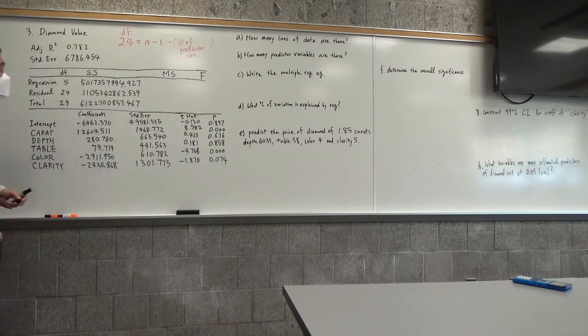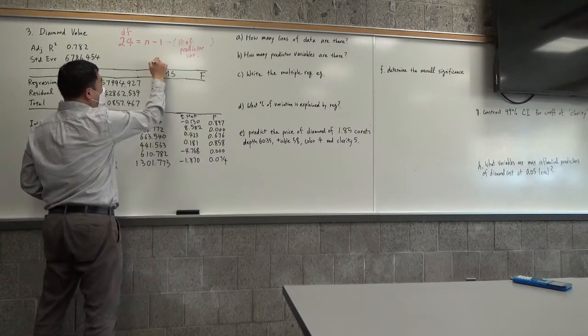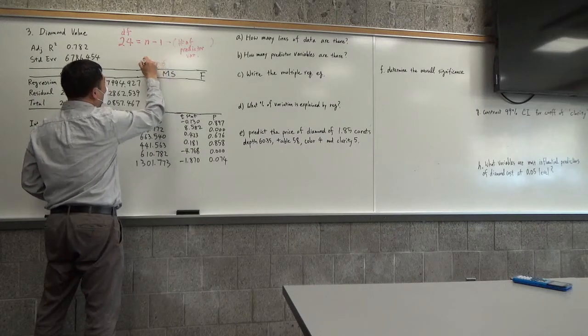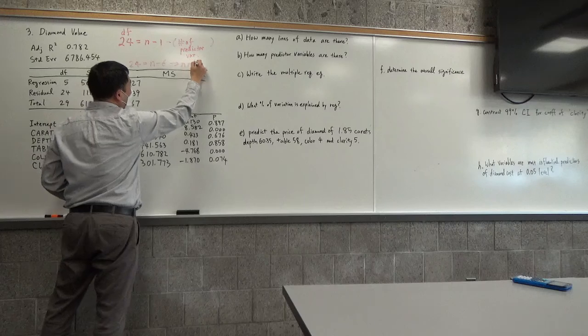How many predictor variables do we have? 5. We're using 5 variables to predict the price. So we really have n minus 6 equals this degrees of freedom, so that n must be 30.